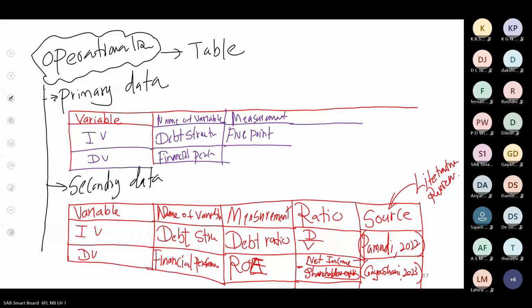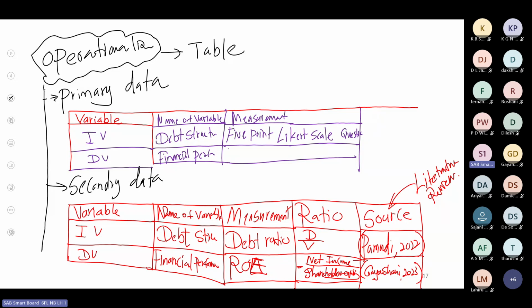Measurements: 5-point Likert, L-I-K-E-R-T, Likert scale questions. Here we take the measurements, numbers, but here we take what?